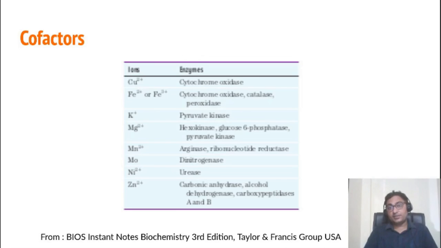Molybdenum is required by dinitrogenase, and dinitrogenase is an oxygen-sensitive enzyme which is used for nitrogen fixation. Likewise zinc, nickel and different ions including calcium, these ions are required for the catalytic power of the enzymes.